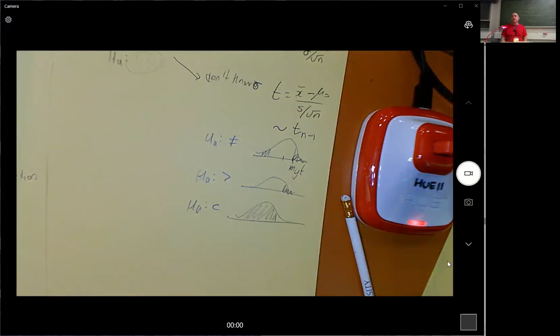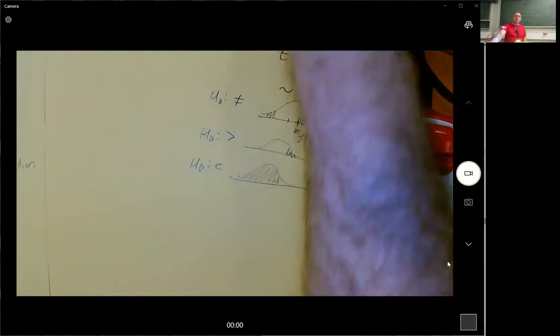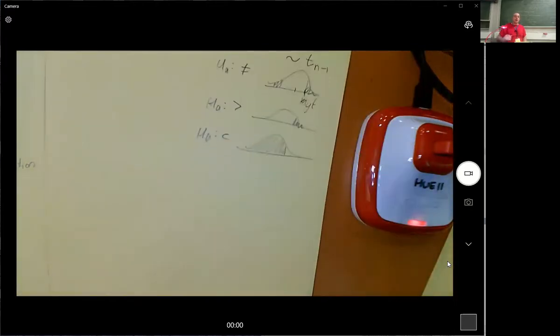So the text could say, the factory manager is interested in knowing whether the mean weight of the cereals is less than what the box describes. And so you go, okay, it doesn't really care if it's more than, so I'm going to have my alternative hypothesis as less than. And that's all I could say.